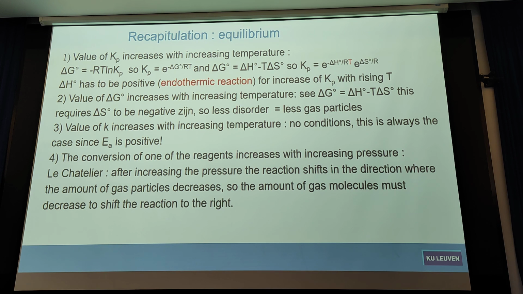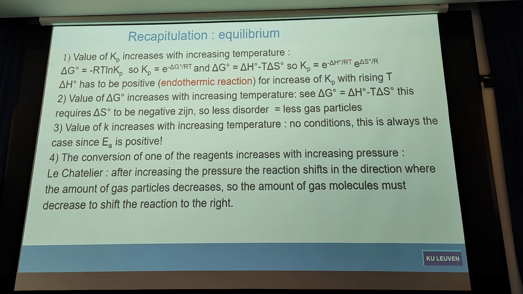Now, a similar question, but now about the free energy. So we want delta G to increase. So the value of delta G increasing actually means that the K is going down, because the more positive delta G becomes, the less spontaneous is the reaction, especially if your delta G becomes positive.